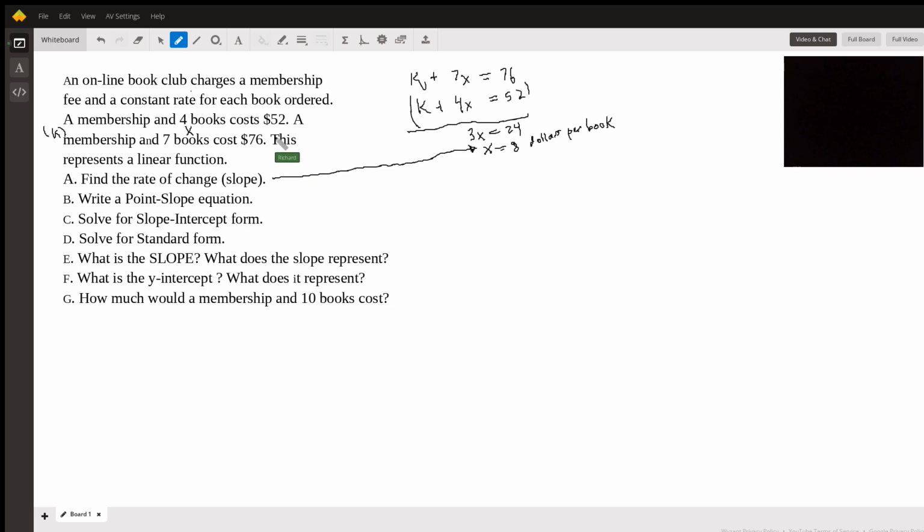Okay, so write a point slope equation. I'm going to change colors now. You might remember the general form for the point slope is y minus y1 equals m times x minus x1. So we have a point x1, y1, and we use that point. So now we're going to plug in.